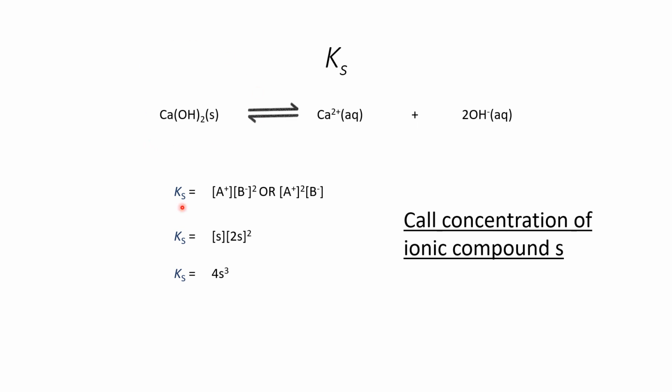Which means that K sub S, following on from the calculations we've done earlier, is equal to 4 times the concentration of calcium hydroxide cubed. That's it. Ask me questions in class if you have any.